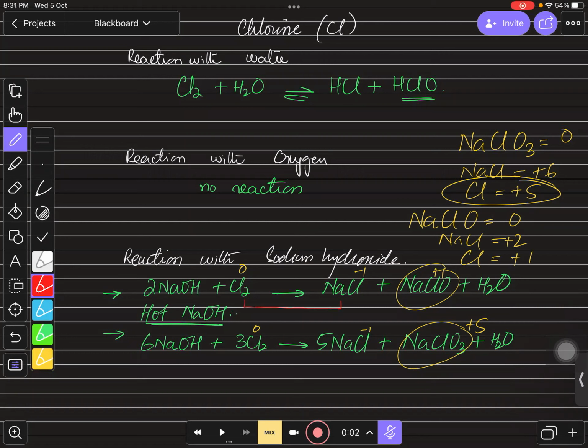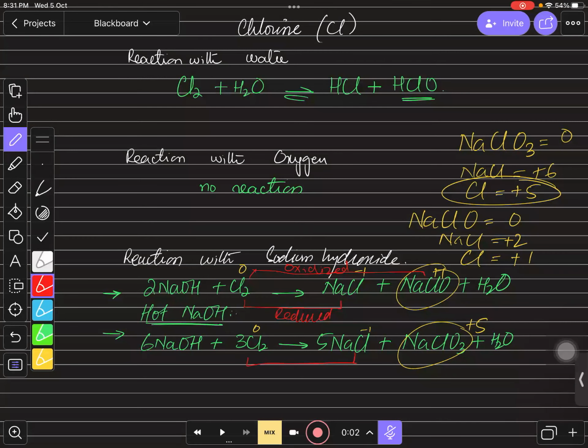Just look at over here: chlorine itself is decreasing in oxidation state, that means it is reduced. And increasing oxidation state means oxidation, so it is oxidized as well. So over here chlorine is oxidizing and reducing as well, same as it is over here.